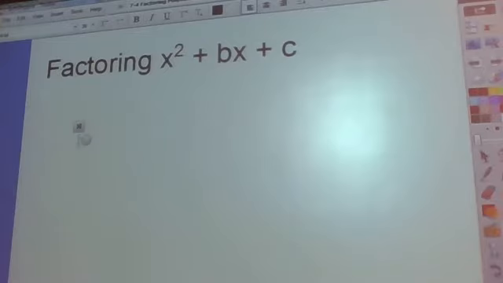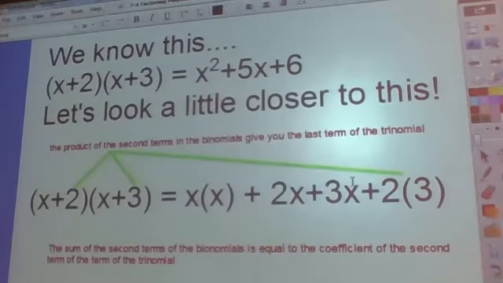We know this, and remember what we learned: x plus 2 times x plus 3 is x squared plus 5x plus 6, right? You guys remember how we got that? Because we add those two inside things together. But let's look at this a little bit closer.